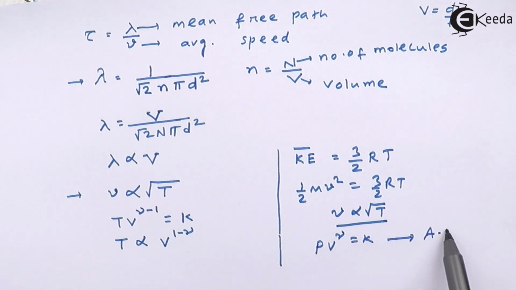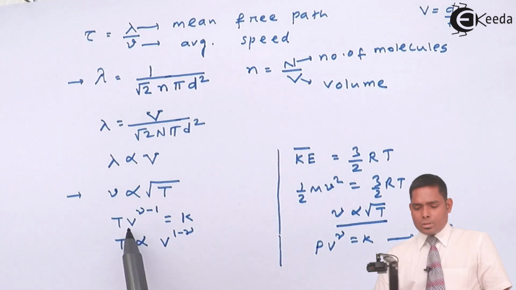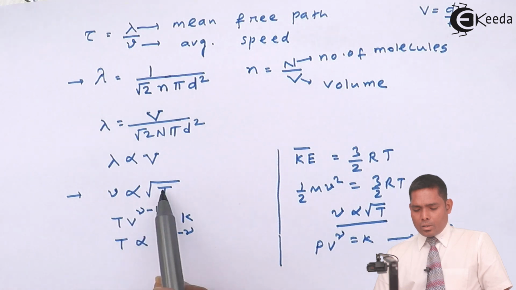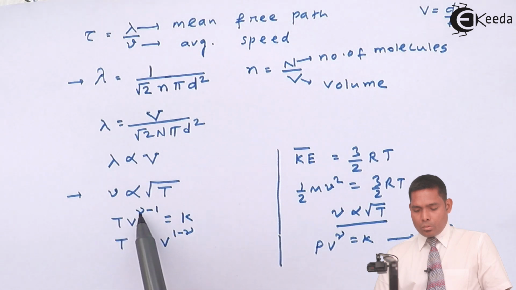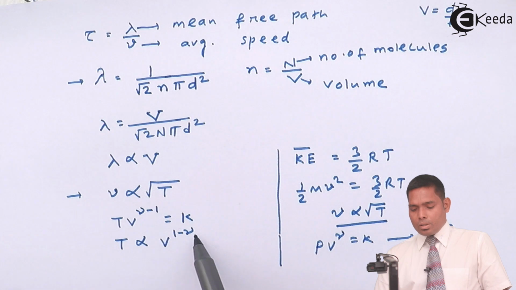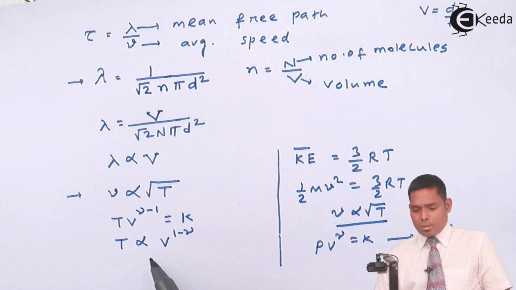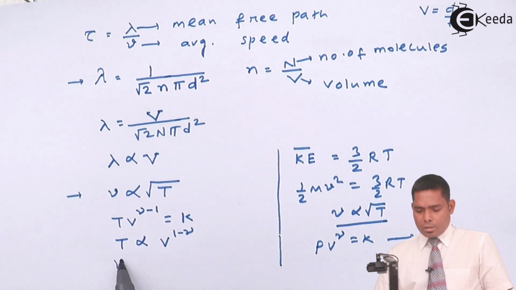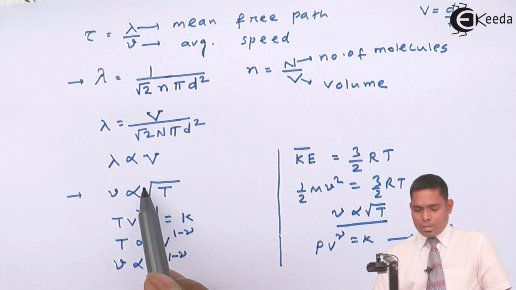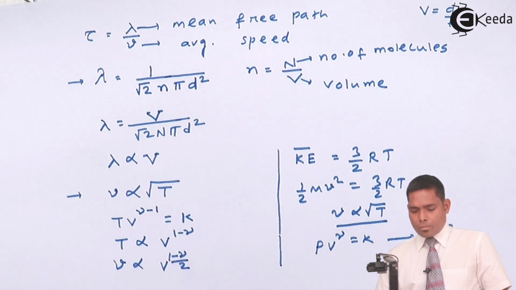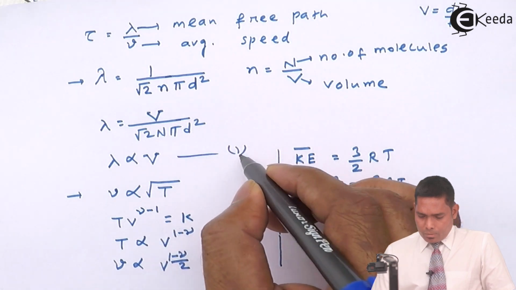That is used when you talk about pressure and volume variations, while the other is used for temperature and volume variations. Here we want to replace T in terms of V, so we use the temperature-volume expression. So the speed is proportional to V raised to (1 minus gamma) divided by 2, since the power of T is half.